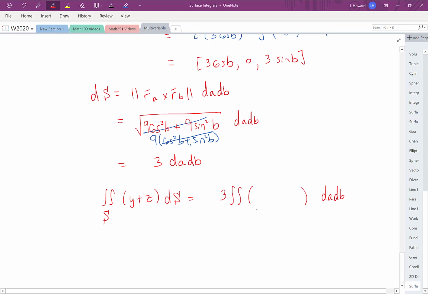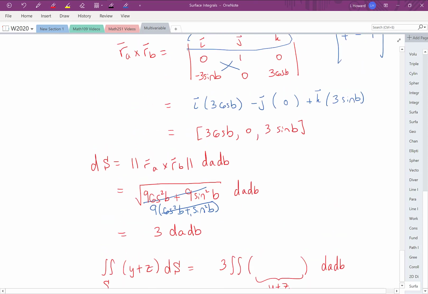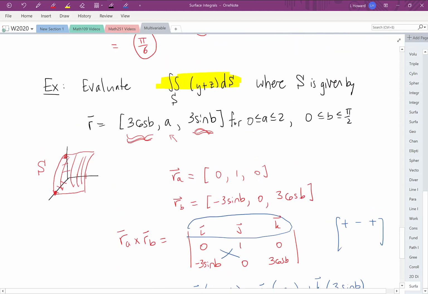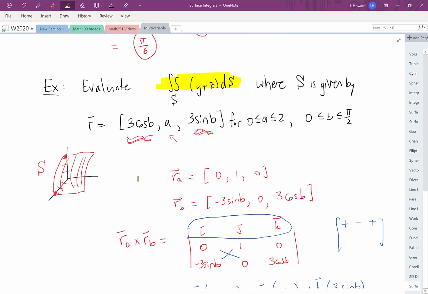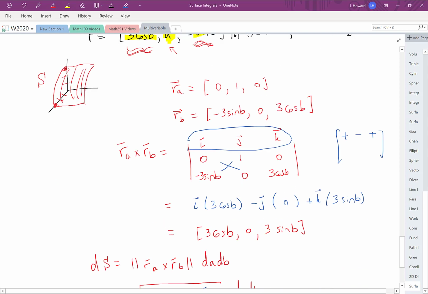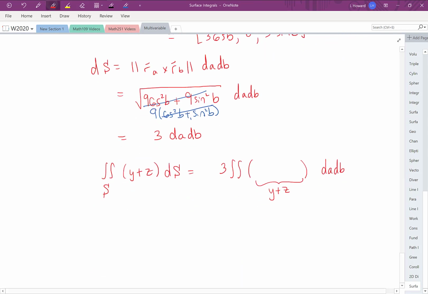And let's think about our integrand. So we want to integrate y plus z, but we want y plus z written in the language of a and b. So to do this, let's look back at our position vector, which we're given in the question. And we've got formulas here for what x looks like, what y looks like, what z looks like in the language of a and b. So y is going to be a and z is going to be 3 sine b. Okay, so that's exactly what we'll use here to rewrite our integrand.